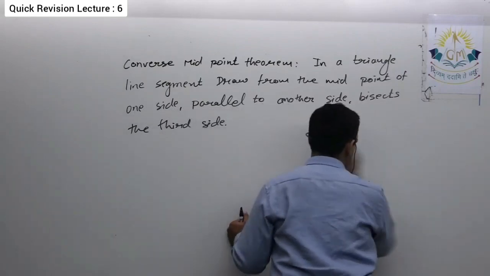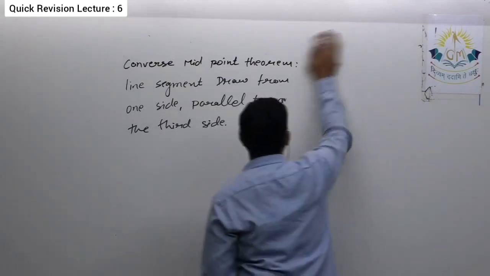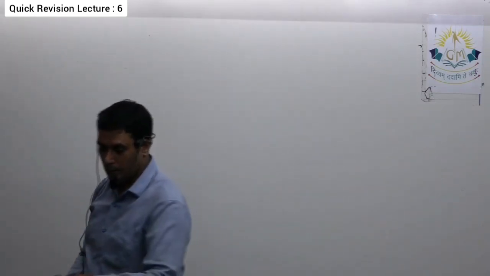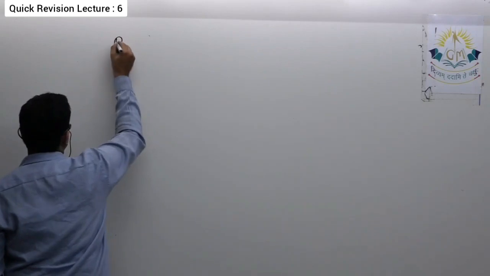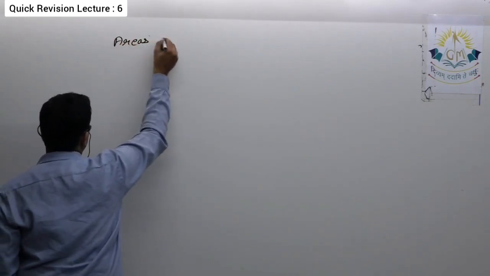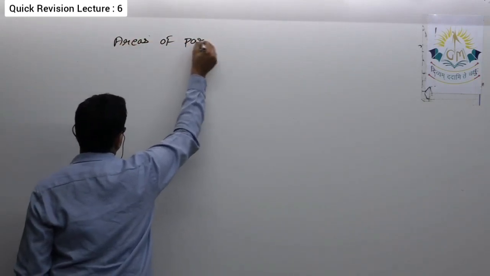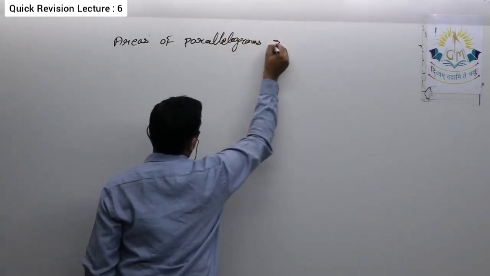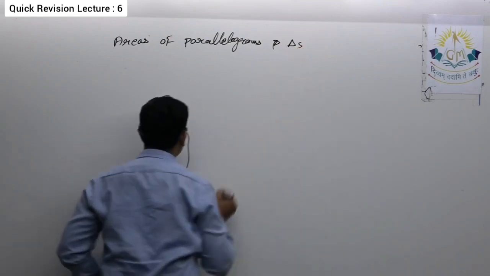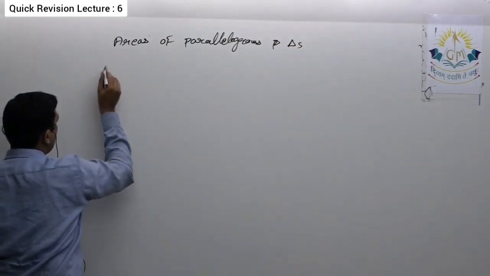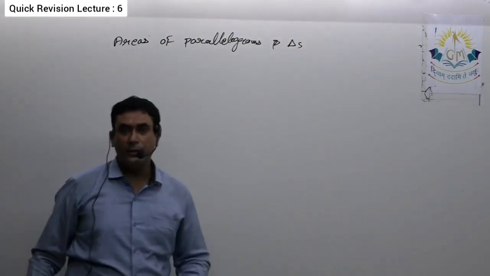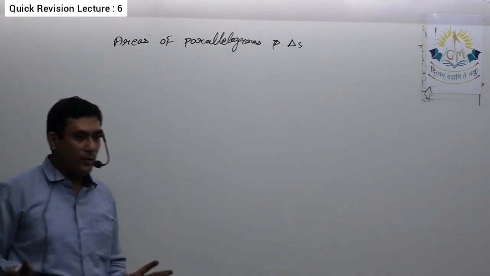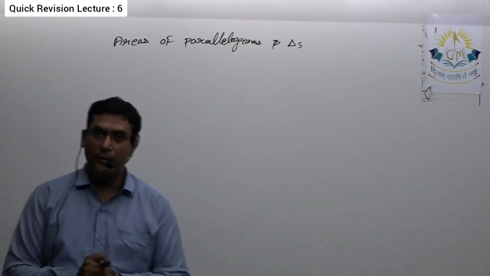Okay. Now next we'll start areas of parallelograms and triangles. In this chapter, the very first thing we have to understand is, if we have two figures, we have to check whether those figures are on the same base and between the same parallels or not.